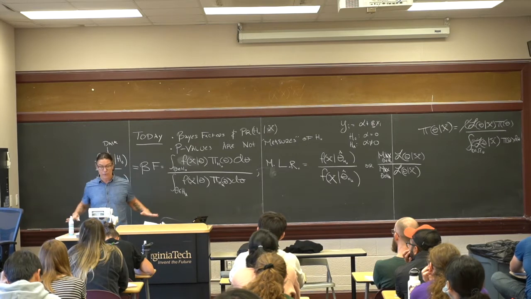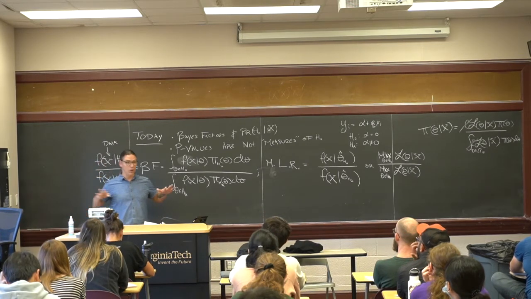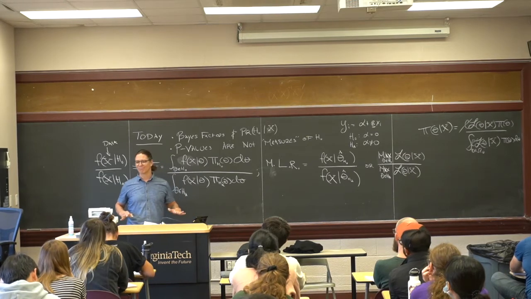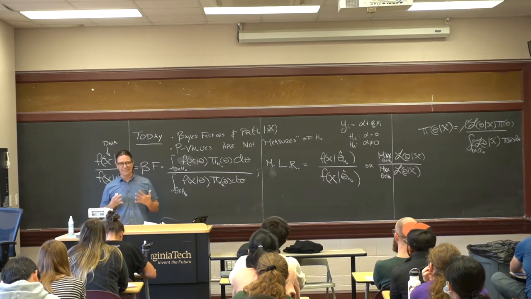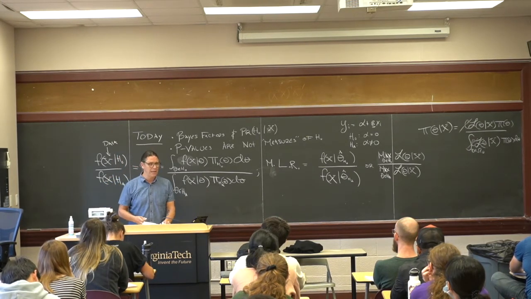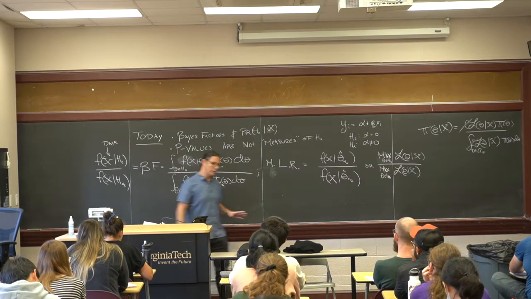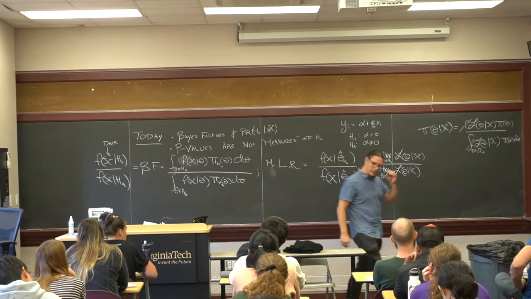That is not true. That's false. In some cases it might be true, but in general, it's not true. It's a function of n, and it's a function of the type of hypothesis that you're testing in the first place. So we'll look at an example of that.